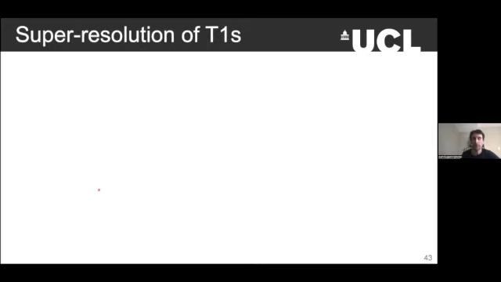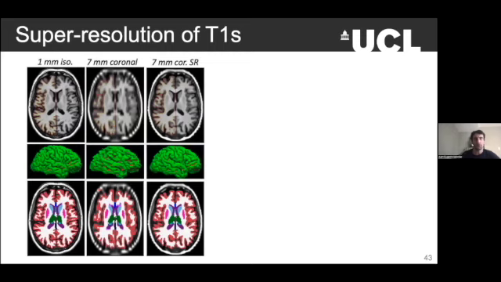Like I said, I'm not going to go too deep into this, but we first tried using it for pure super resolution of T1s, and then processing with FreeSurfer. Using 1 millimeter as ground truth, we generated 7 millimeter coronal, 5 millimeter, and 3 millimeter scans and pushed them through FreeSurfer, and especially the cortical segmentation falls apart.